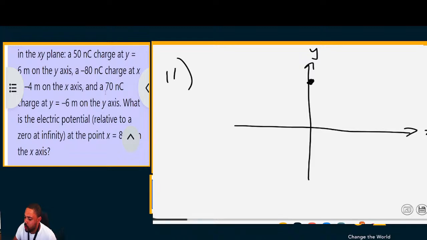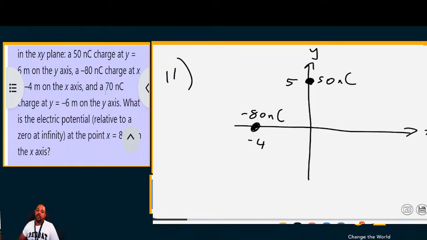There is a 50 nanocoulomb charge on the y-axis, a negative 80 nanocoulomb charge at x equal to negative 4 meters. So here at negative 4 on the x-axis, there is a negative 80 nanocoulomb charge.